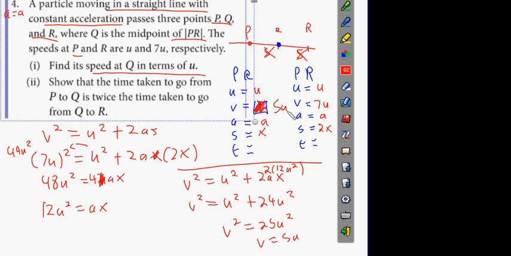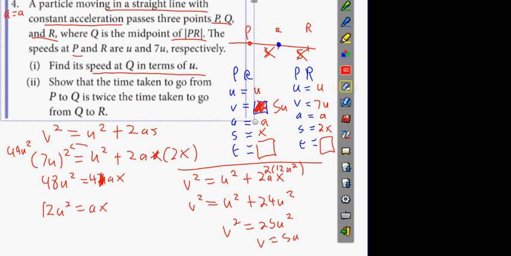I technically don't, but it makes sense to do it. I could do this two ways. First way is I get the time in terms of U for PQ. I get the time taken in terms of U for PR. And what's PR minus PQ? The time taken for QR. I could get it that way, but there's no need to be so fancy about it.